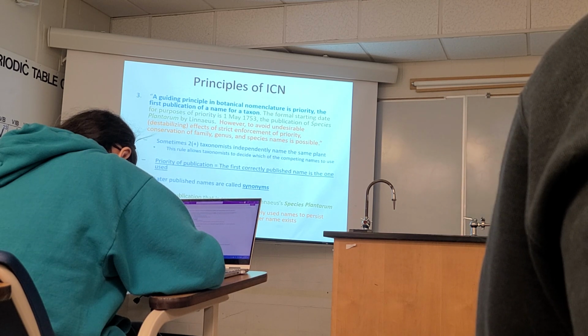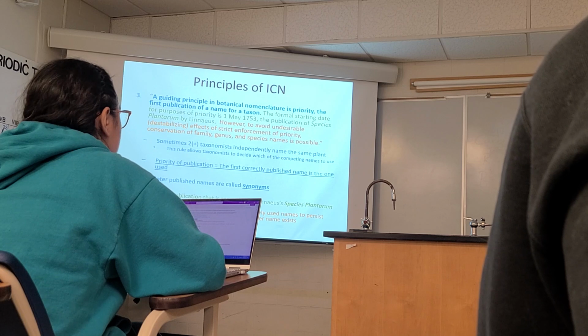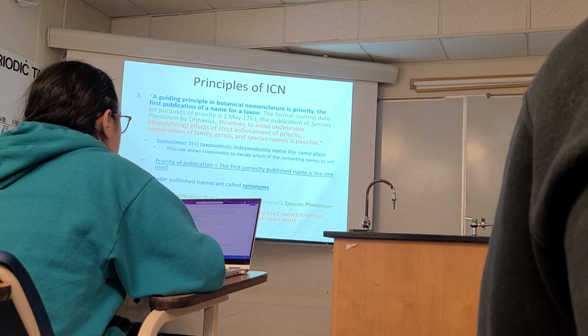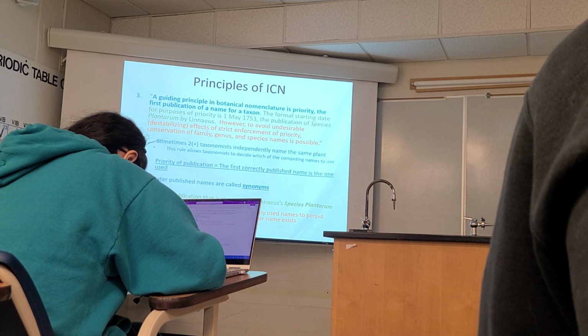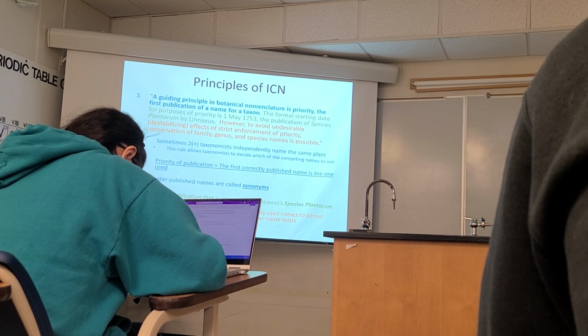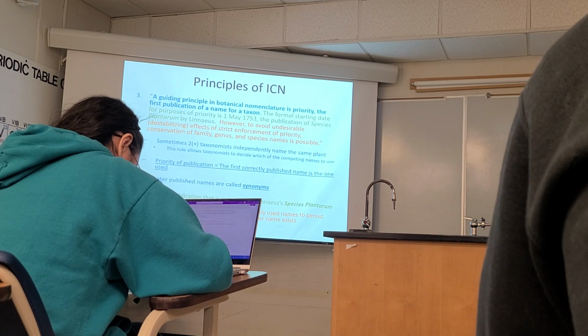This clause in the sentence actually provides a way for us to allow really well-known, widely used plant names to persist, even if they're not the oldest ones. There's an older one that exists, so technically, by this rule right here, that older name should be the one being used, but nobody knows it. And if we change it at this point, it's going to cause a lot of confusion.